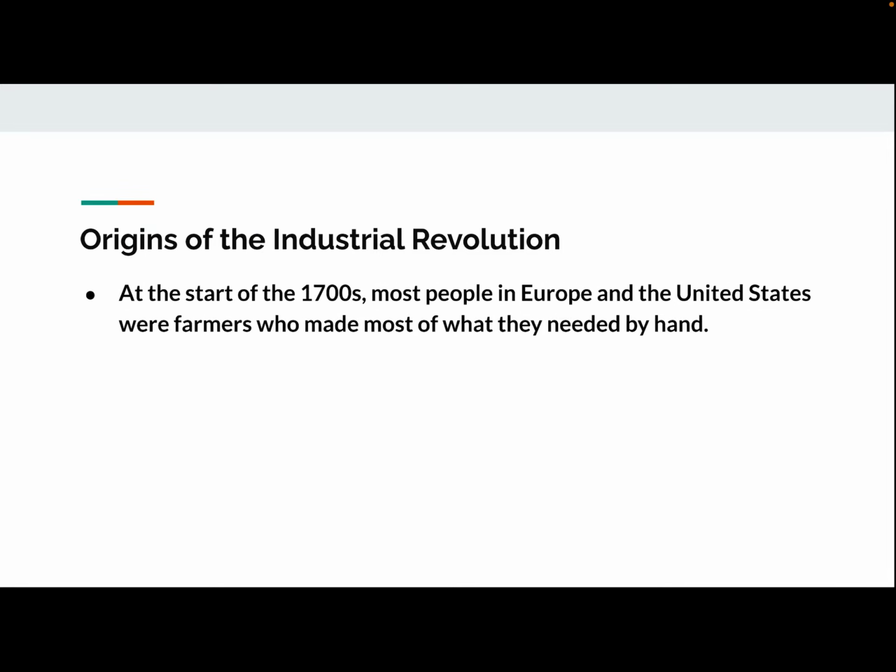So at the start of the 1700s, most people lived in Europe and the United States. They were farmers, and there weren't any big factories yet, so if they needed something, like clothing, they made it by hand.